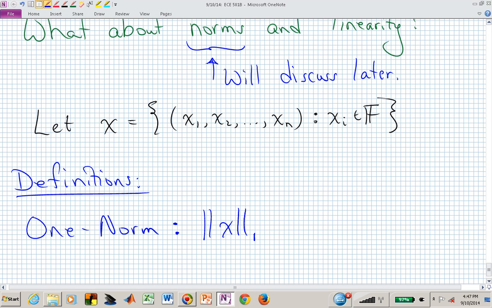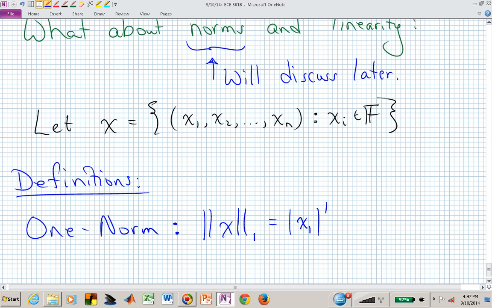Norms are typically 2 vertical bars around your vector of interest. The 1 norm is indicated, let's say, by a subscript of 1. This is now defined as we take each coordinate's absolute value, raise it to the first power, and take the first root of the sum.